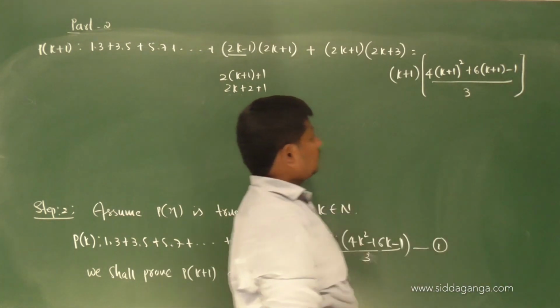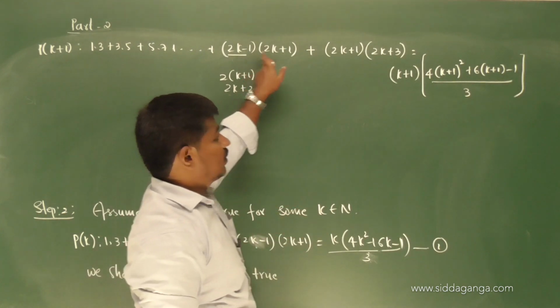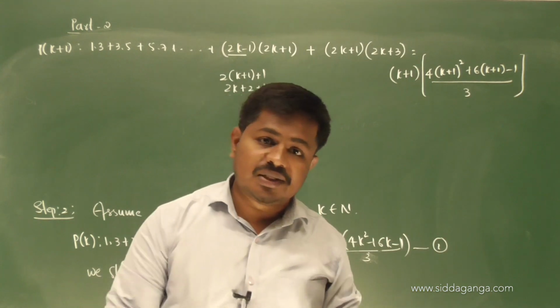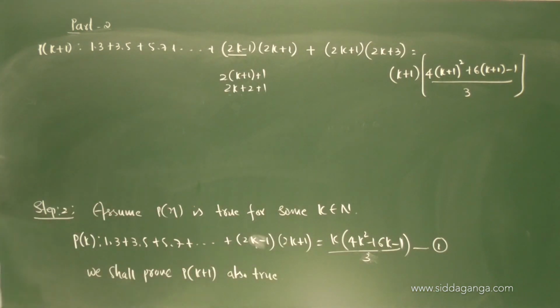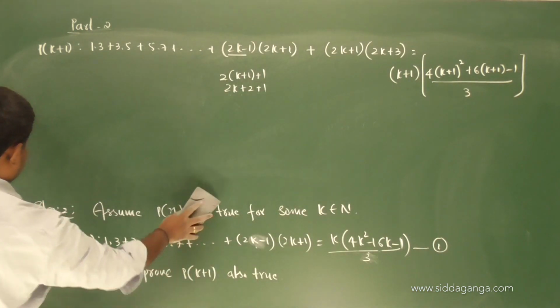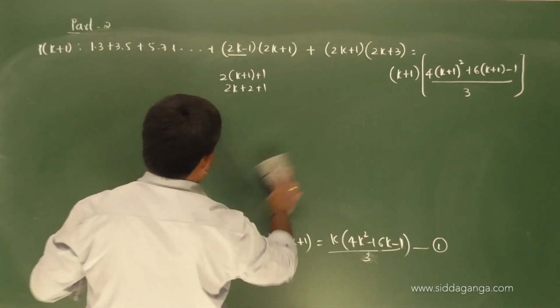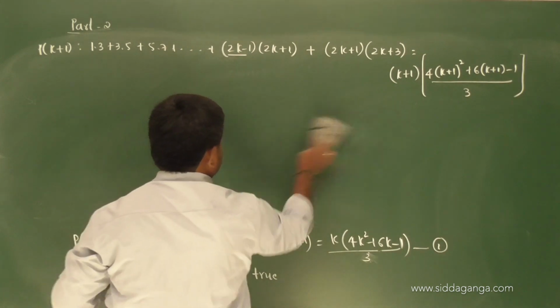That should be the required answer. Whenever you prove LHS equal to RHS, that implies P of k plus 1 is also true, and hence from the principle of mathematical induction, the given statement P of n is true for all natural numbers.